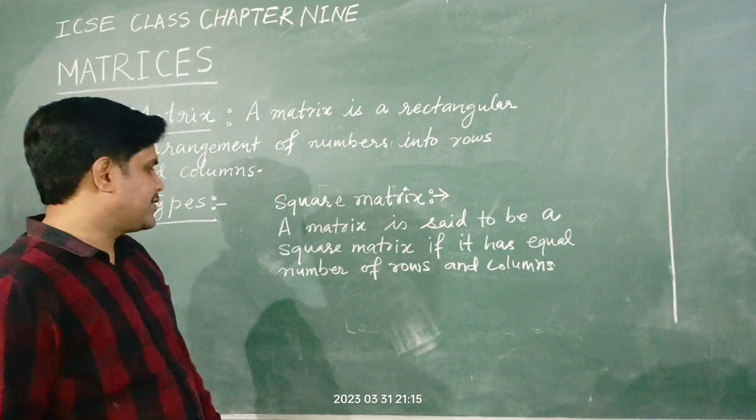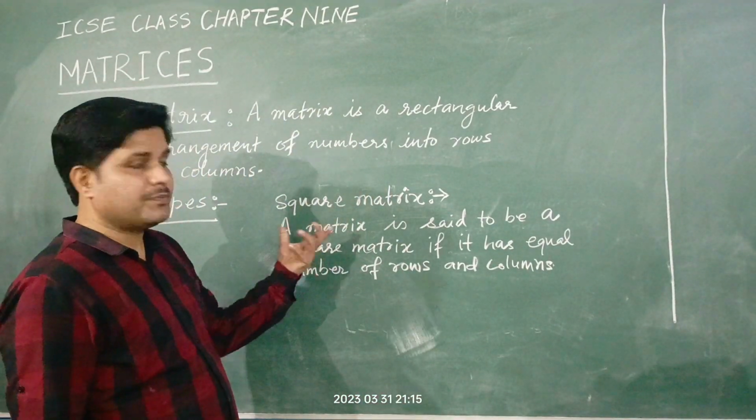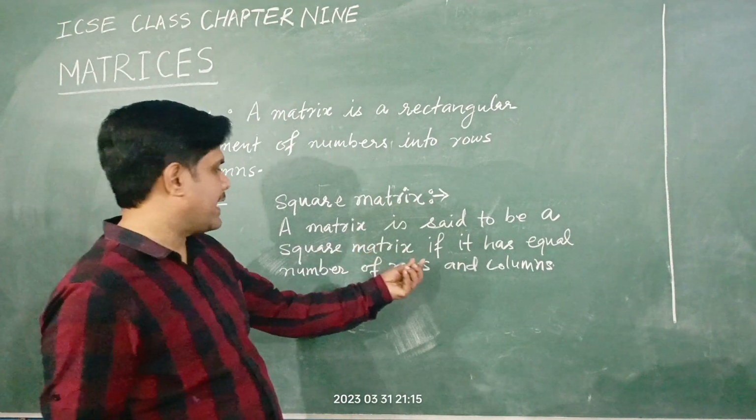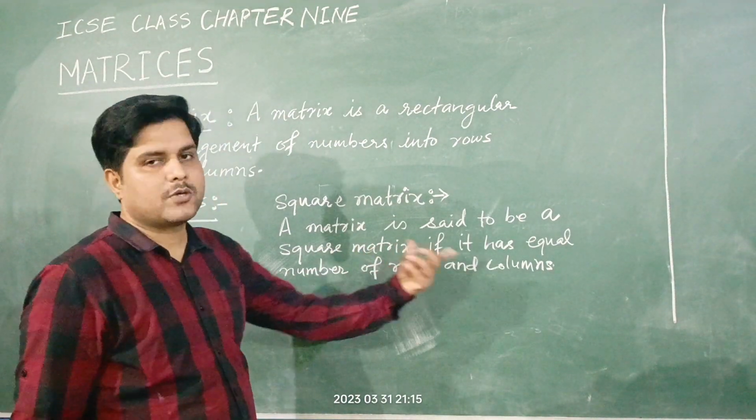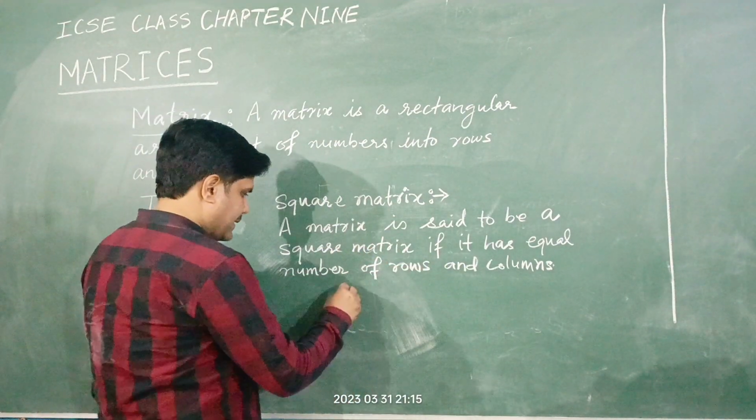A matrix is said to be a square matrix if it has equal number of rows and columns. Let's see an example.